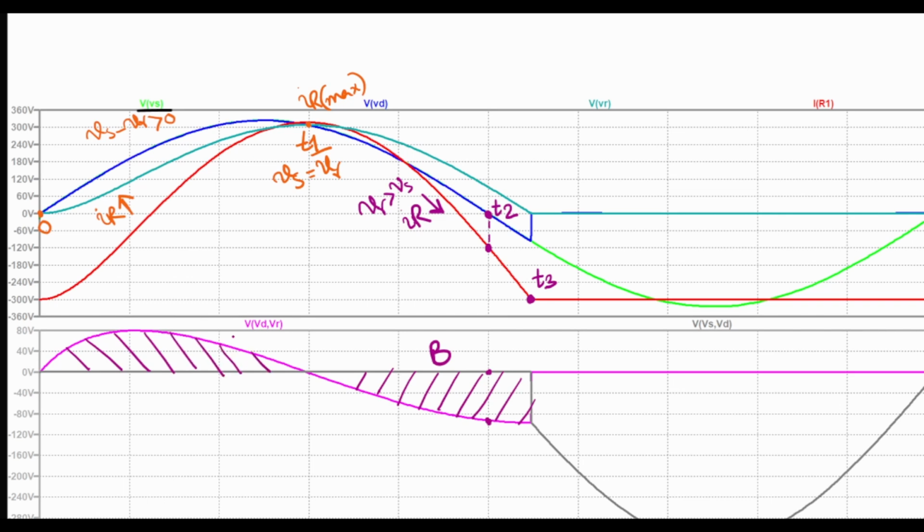So this positive part of the curve, let's call it A. So when these two areas under the curve become equal, then at that time the inductor has completely released its energy and the diode goes into reverse biased operation, which we can confirm from this plot of the diode voltage. So this is the diode voltage, which should sustain the negative half cycle of the input voltage.